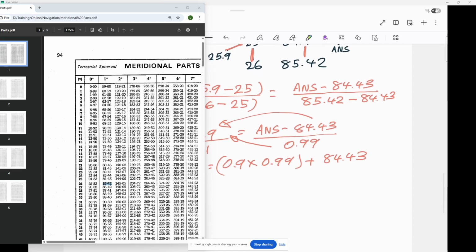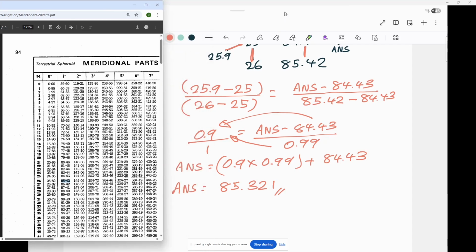So the answer is going to be 0.9 into 0.99 plus 84.43, which is 85.321. Have you got the answer? Are we clear?